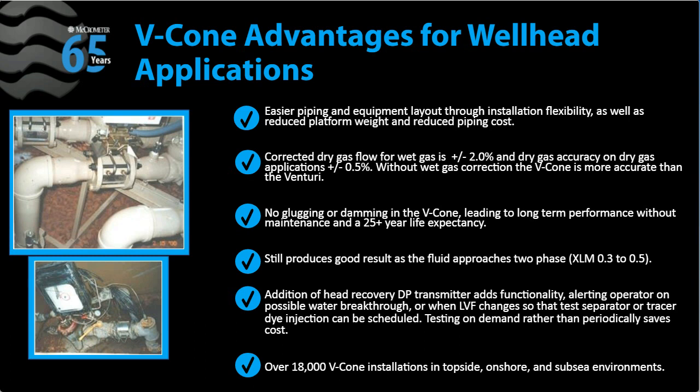They've been in service for over 25 years, and they've maintained their accuracy. And it still produces good results as the fluid approaches multi-phase. So when it comes to multi-phase, which is above 0.5, that's when it's really no longer a wet gas, but the V-cone meter is able to measure accurately within 0.3 to 0.5 XLM, which is the wet gas phase.